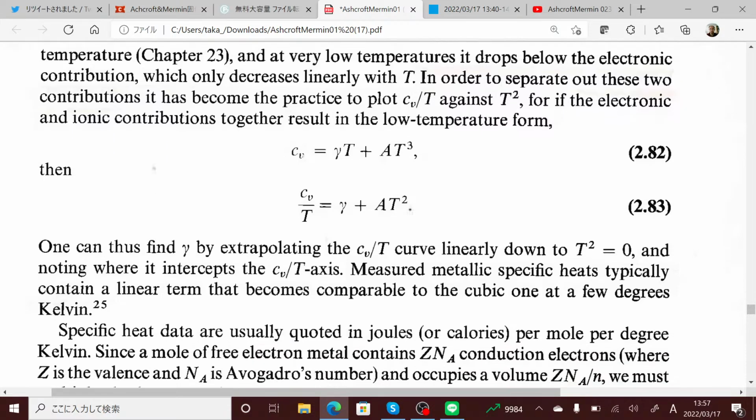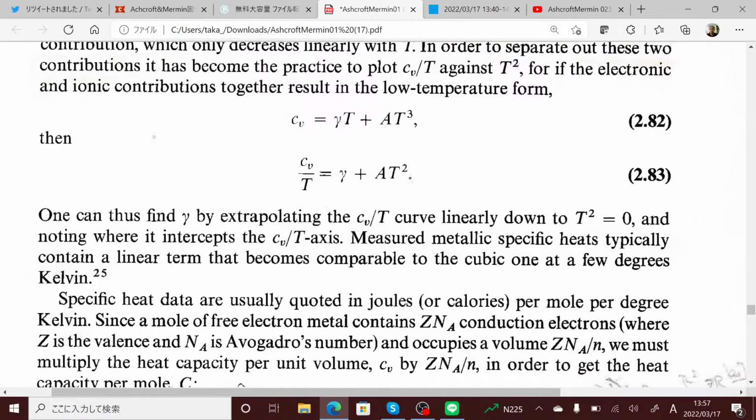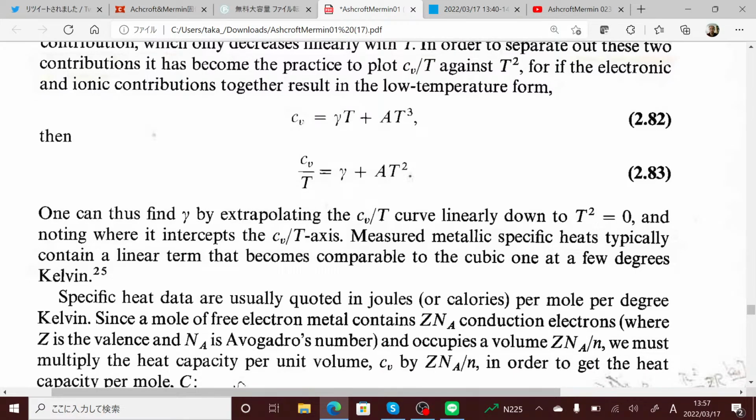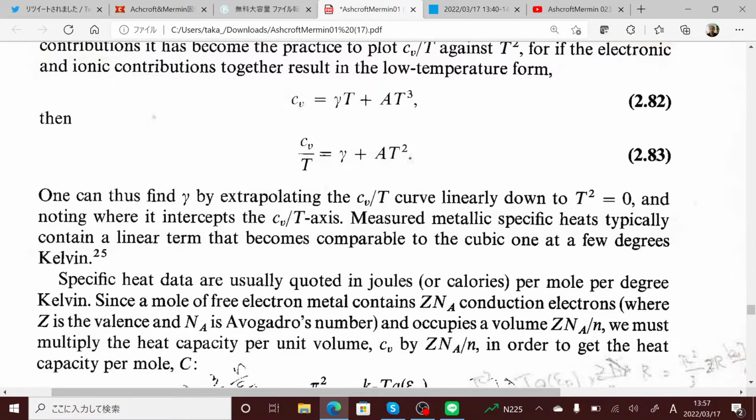One can thus find gamma by extrapolating the Cv over T curve linearly down to T squared equals 0, and noting where it intercepts.